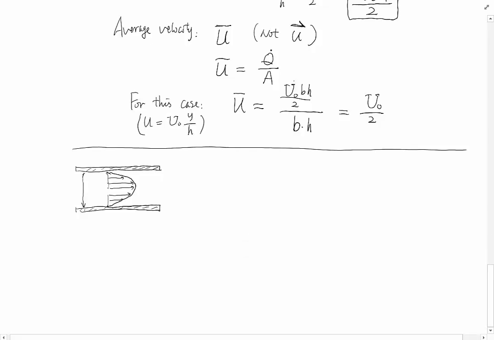The separation is still h, and let's say our velocity, if we choose the center as y equals 0, this is our x. The peak velocity, we call it U max.